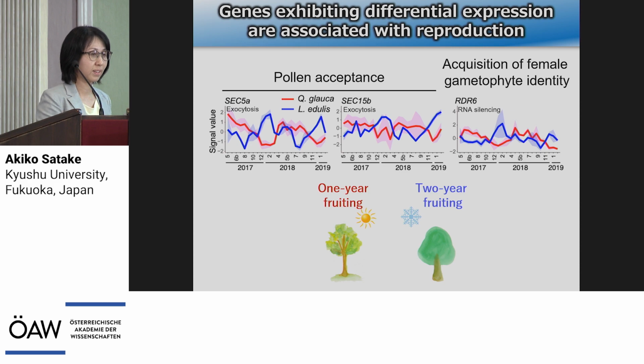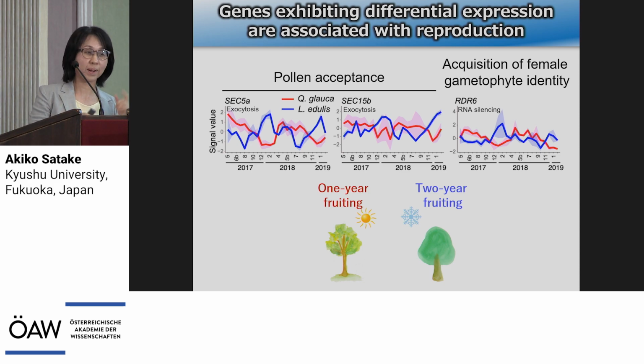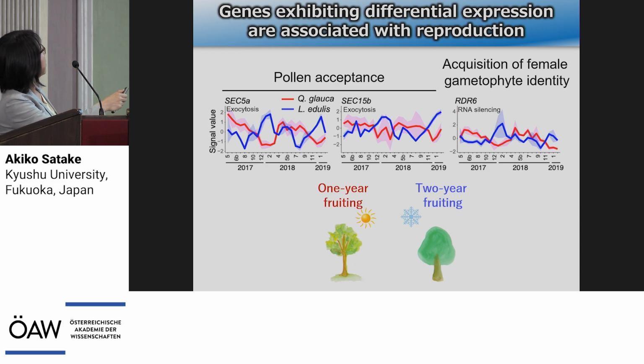And we found that these genes are associated with reproduction, in particular, pollen acceptance and acquisition of female gametophyte identity. So you can see the red line is the data from 1-year fruiting species. So expression level is high in summer in these species.